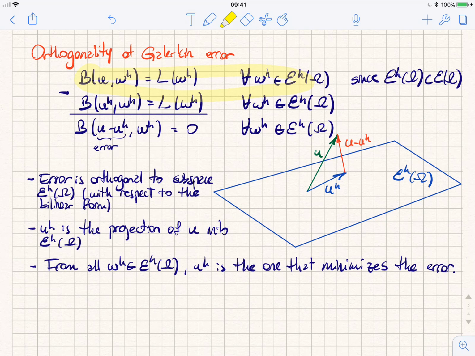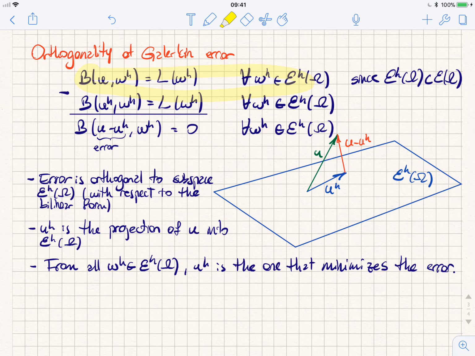Yeah. Okay. So let's write this first function: B(u, w) equals L(w). This is our first infinite dimensional weak or variational form. Infinite, right? Now for all w in the energy space, we're talking about an infinite number of equations.